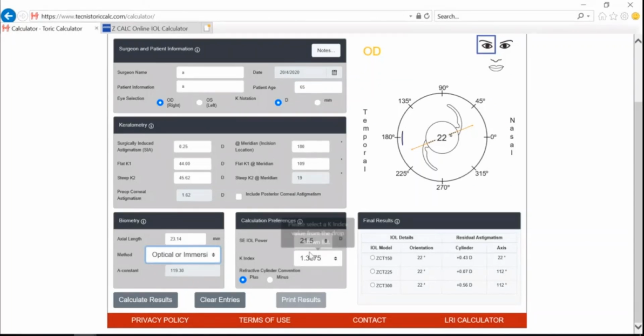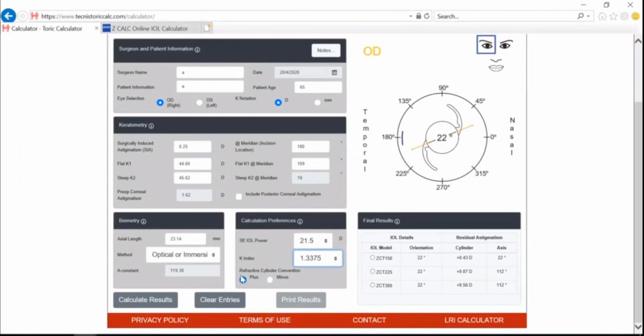And the K index is something that you need to choose based on the keratometer that you're using. In this case, I assumed it to be 1.3375. There are other options here. You need to choose the correct index based on the keratometer model that is being used. And then choose either plus or minus cylinder to be shown as your results here.